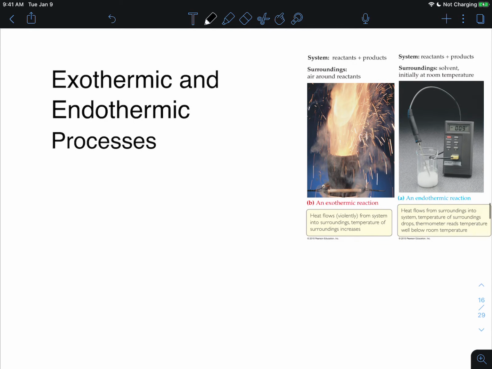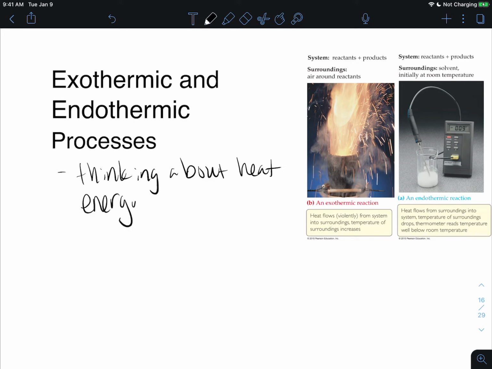Okay, let's look at an exothermic process and an endothermic process. So when we're thinking about heat alone, so think about heating energy. So for excluding work, we can use the terms exothermic and endothermic.